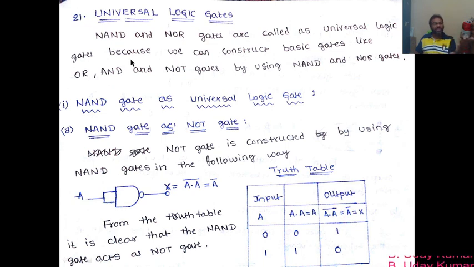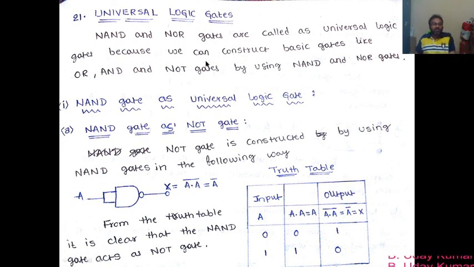Just now we have studied what a NAND gate is and what a NOR gate is. So these two gates, NAND and NOR, are called universal logic gates. So why do we call these NAND and NOR gates universal logic gates? The answer lies here itself.